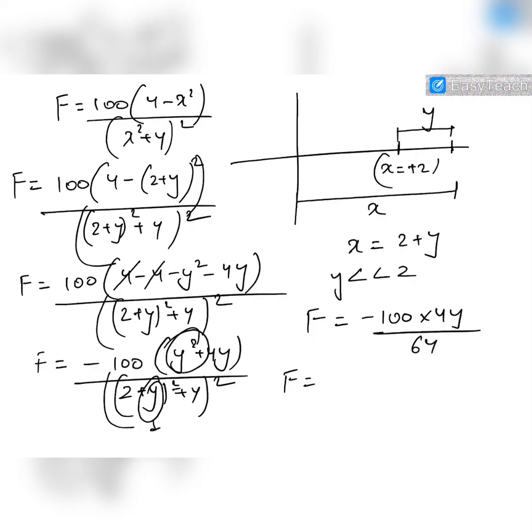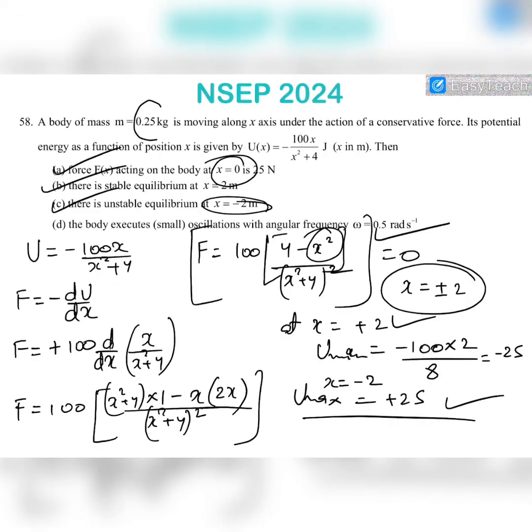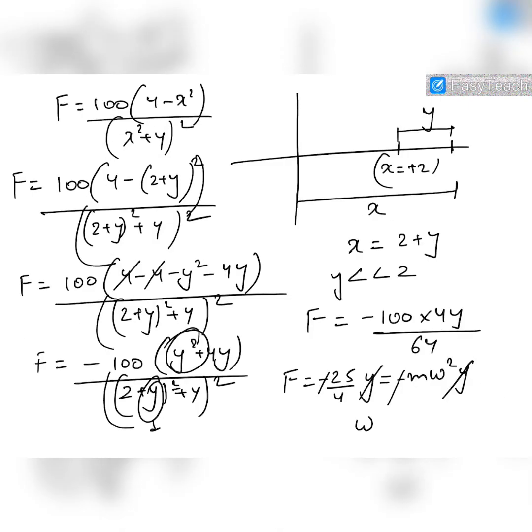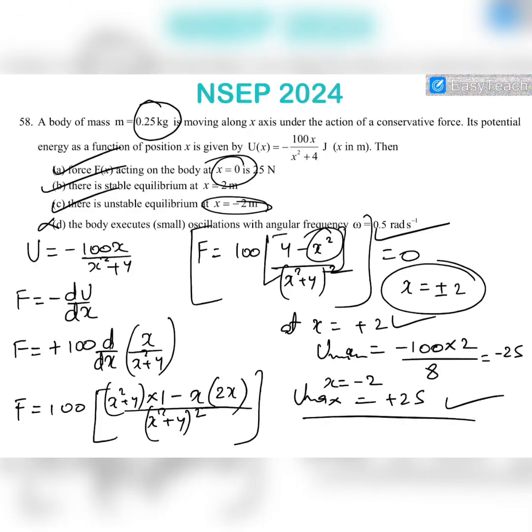So F is equal to 25 by 4 X with a negative sign, and that is minus m omega square X. So m is 1 by 4 because it is given as 0.25. So omega square will be 25 and omega will be 5. So option D is incorrect. Now we move on to the next question.